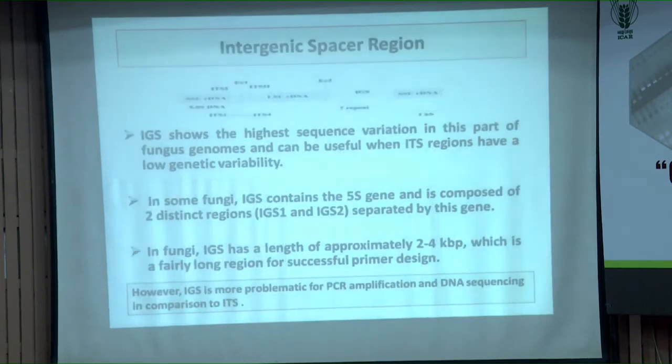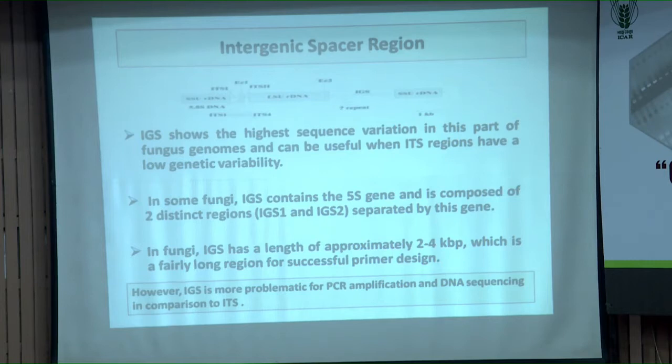Second, the region which can be suitable for the development of a marker is the IGS region. It is the intergenic spacer region, and it shows the highest sequence variation in fungal genomes and can be useful when ITS regions have low genetic variability. So, you can go for this IGS region also.